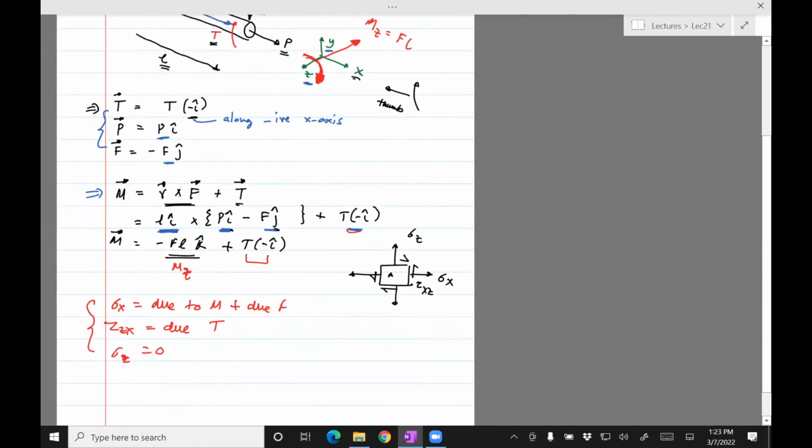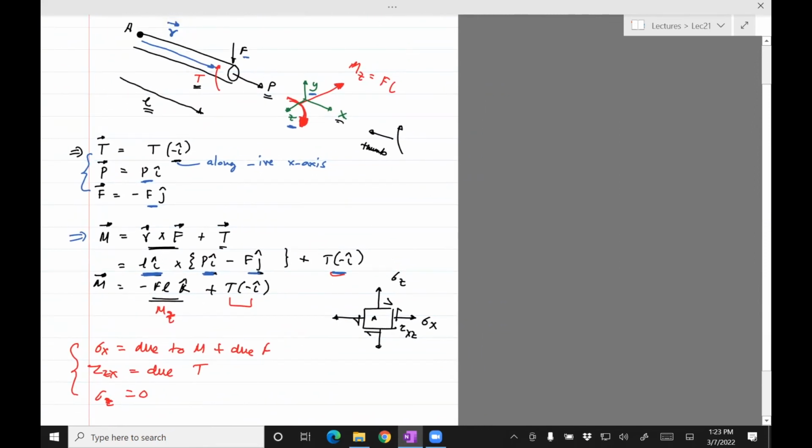Okay, so the stress sigma x will be, I'm just going to fill in the blanks now, due to M, so there'll be M z y divided by I. And you can see that if M is applied the way it is shown, the top surface is going to be under tension, right?